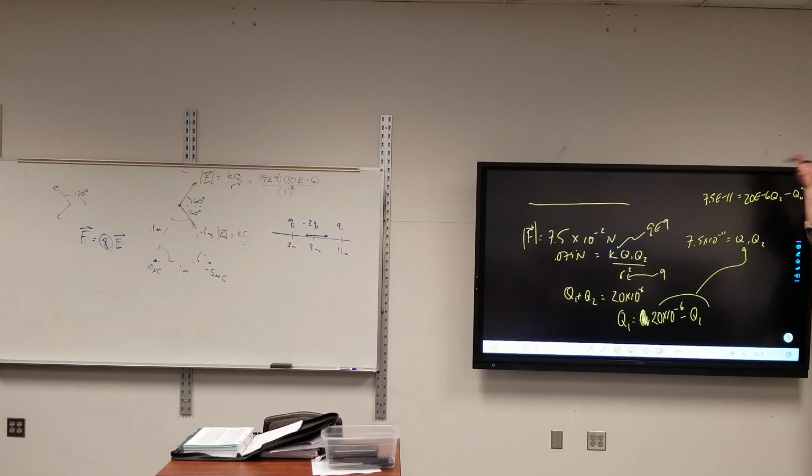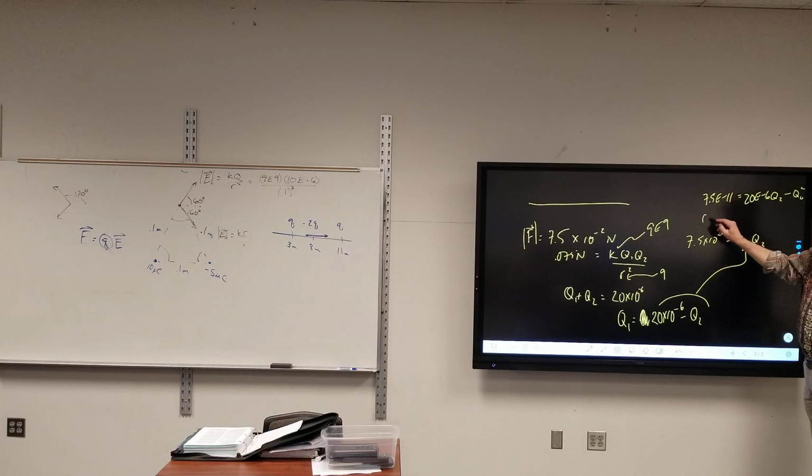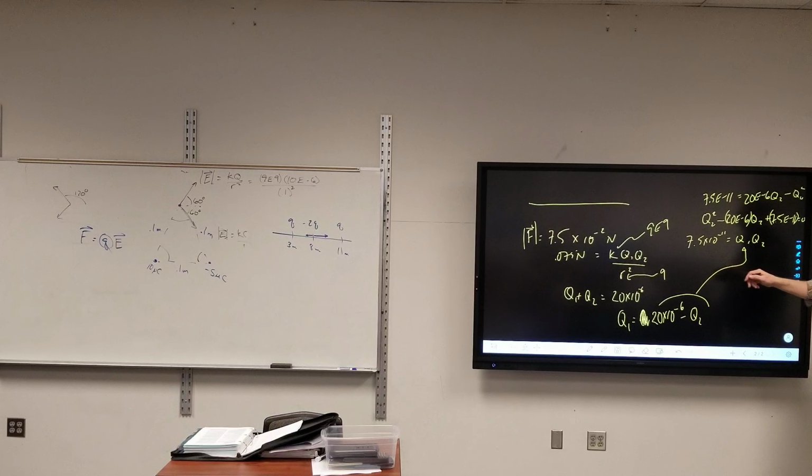If I take everything over to the left-hand side, I get Q2 squared minus 20 times 10 to the negative 6th Q2 plus 7.5 times 10 to the negative 11th equals 0. So I got a quadratic equation because I have a variable squared, to the first power, and to the 0th power. So 1 is my A, and then B and C. I assume that's where the 1 comes from.